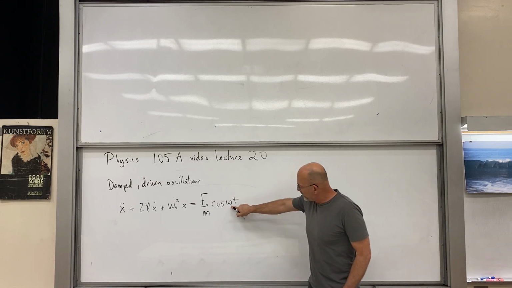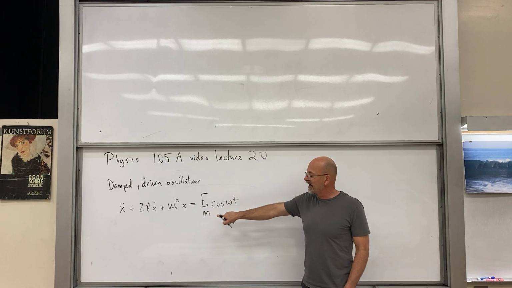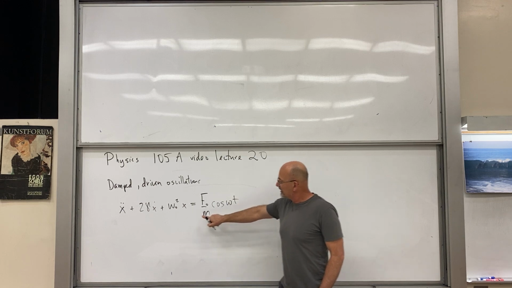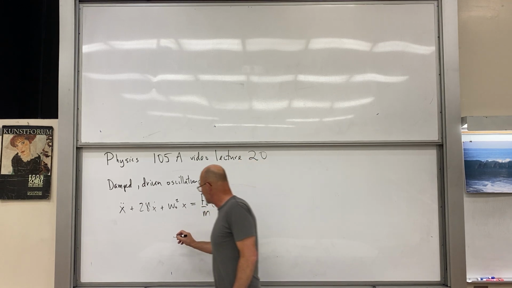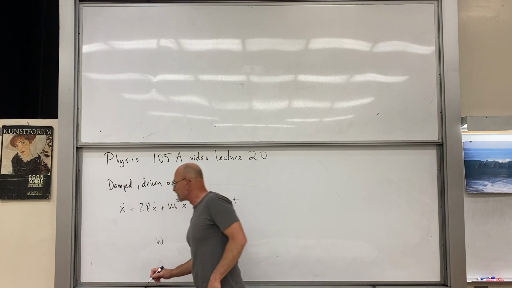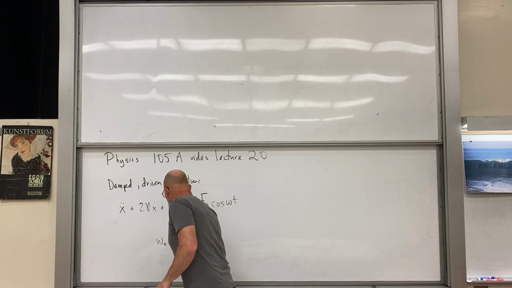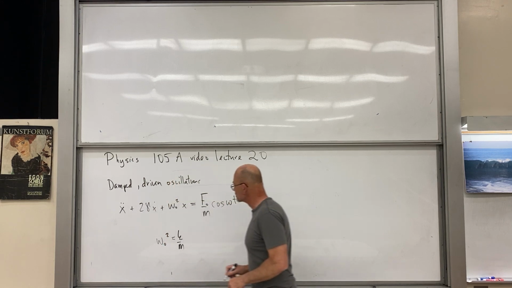So our driving frequency is omega, and that can be dialed through the entire range of real numbers. This is the natural frequency of the undriven and undamped oscillation. So omega naught squared is just k divided by m from the original system.